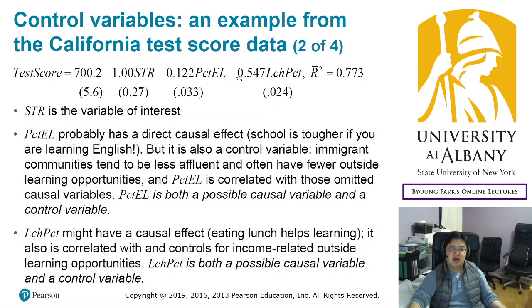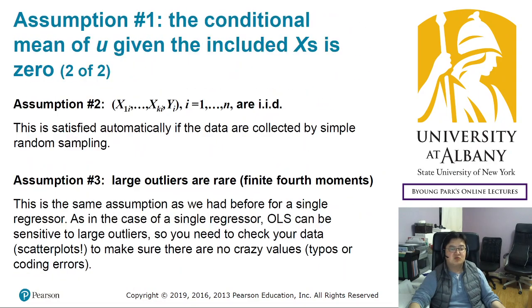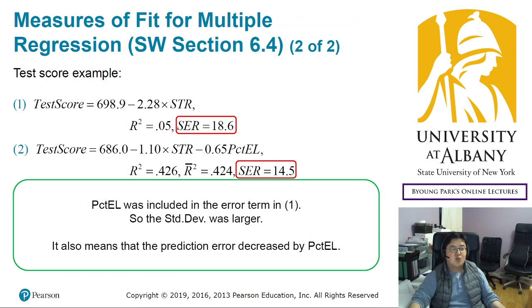So then what is minus 0.547? It's not easy to interpret. There is no direct interpretation of this coefficient. But because of it, we can interpret student to teacher ratio better. Minus 1.0 must be more correct than before. Previously, it was minus 1.1 without free lunch, when we only considered student to teacher ratio and percentage of English learners.